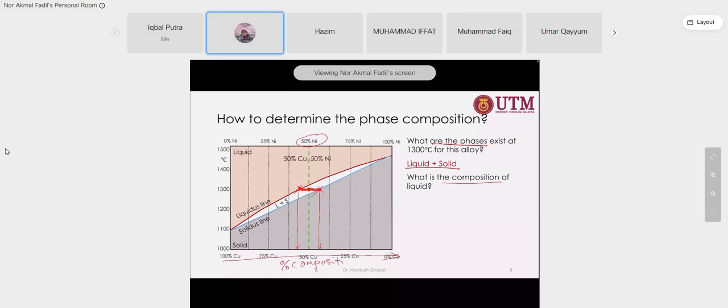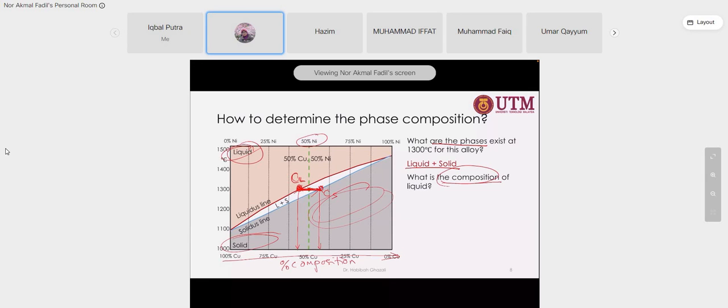So the question asks you, what is the composition of the liquid? Where is the liquid? These are the composition of liquid, and this is the composition of solid, because this is solid and this is liquid.